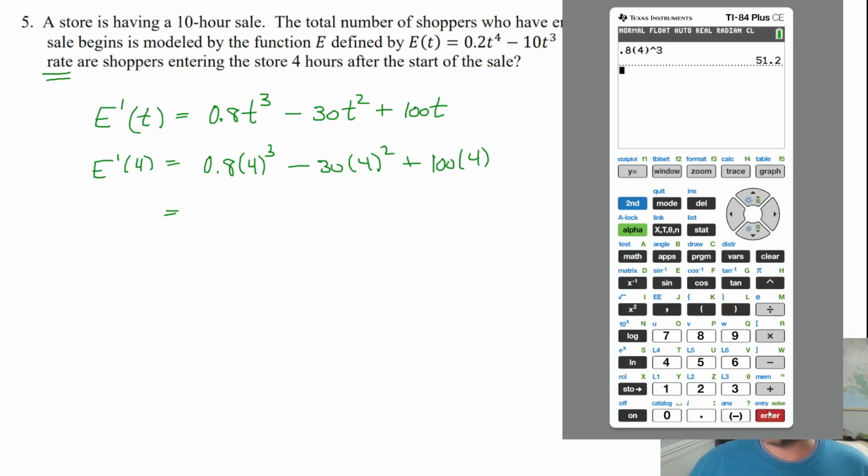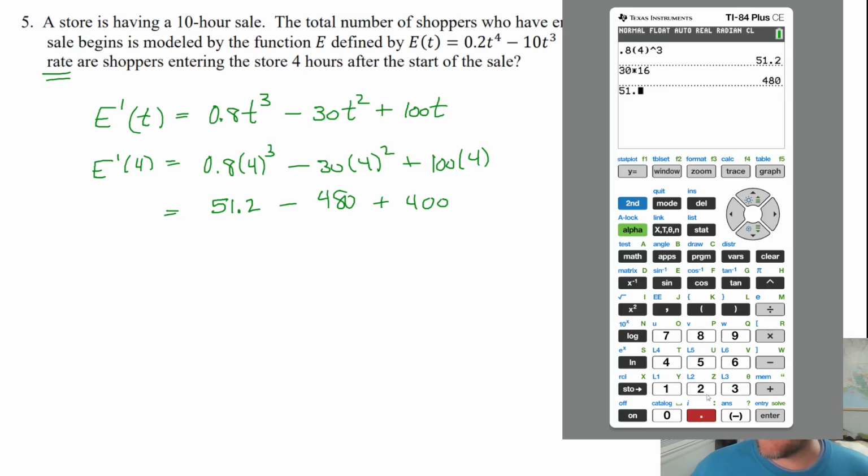If you really want to be a good guy, then maybe you'll show these partial answers. So 51.2. Then the next one, 30 times 16, 480. 480 plus 400.